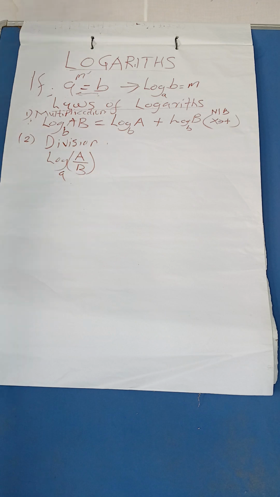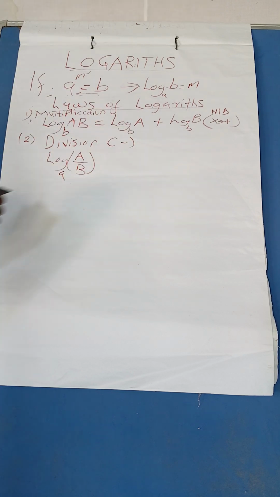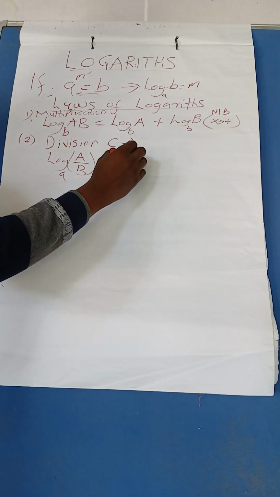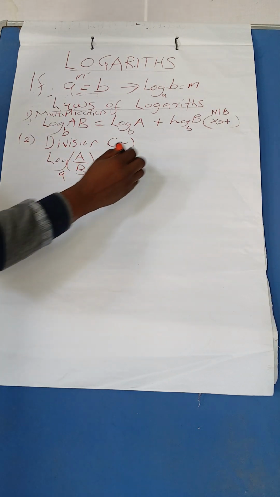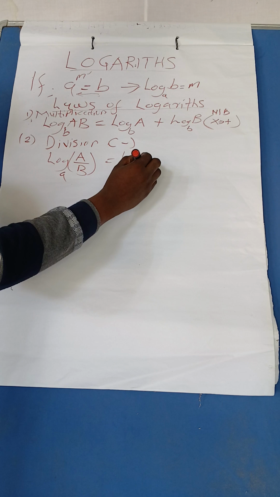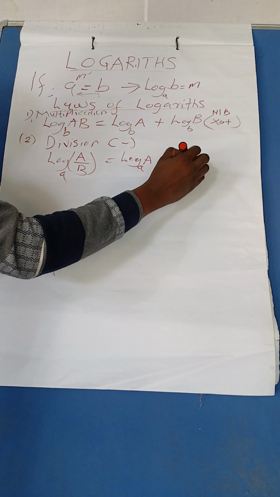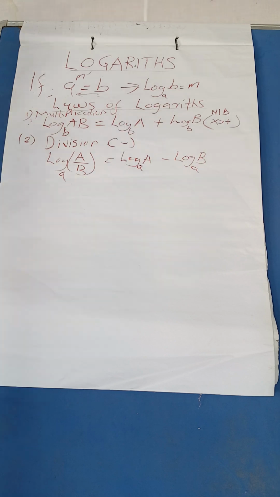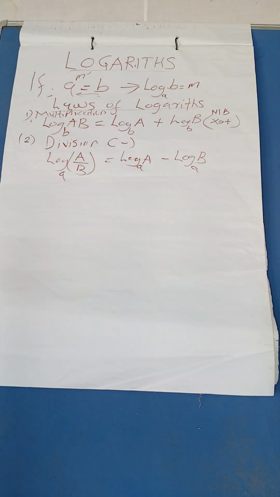Do we do addition or subtraction? In division in logarithms, it will be subtraction. So it will be log a to base a minus log b to base a. That is very simple. The sign I've put here is subtraction.